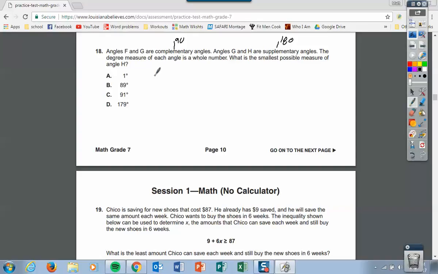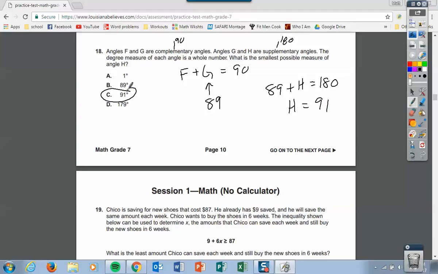Since these are complementary, F plus G can't be any bigger than 90; it equals 90. I want G to be as close to 90 as possible. So if we put it at 89, that's perfect. Then I can put that 89 plus H here, which means that H can be 91 degrees. Again, it's looking for that smallest possible measurement, and that's going to give that to me there.